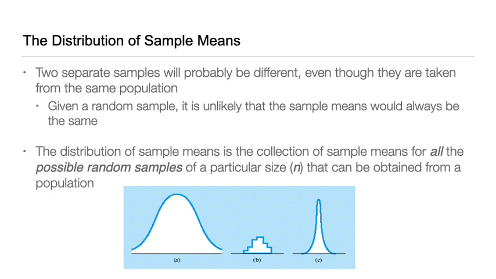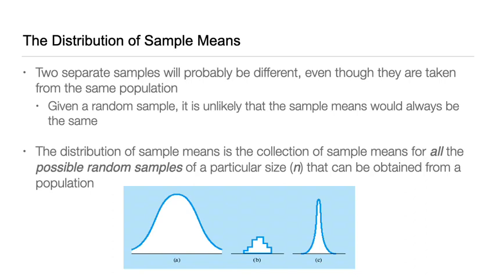But when we make comparisons for hypothesis testing, one of the things we're going to need to do is see how likely it is that our sample mean could be obtained by chance. And so to compare our sample mean, we have to compare it not to a distribution of individuals, not to a population, but to a distribution of sample means.